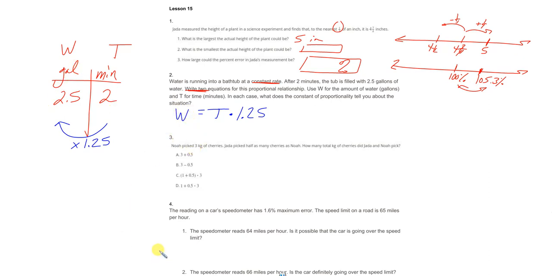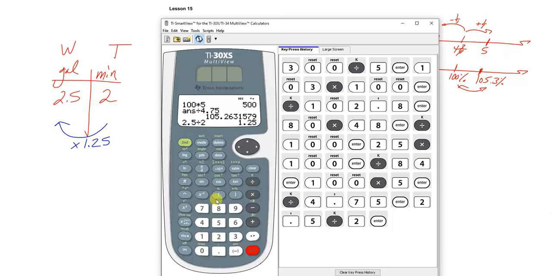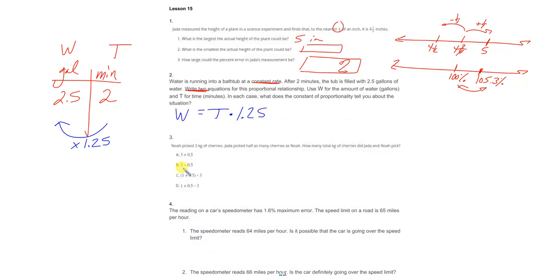And to go the other way, I divide in the other direction. 2 divided by 2.5. To go the other direction, I would multiply by 0.8 to make it shrink the other way. So times 0.8 to go back this way. So I would take W and multiply by 0.8 to find out what T equals.